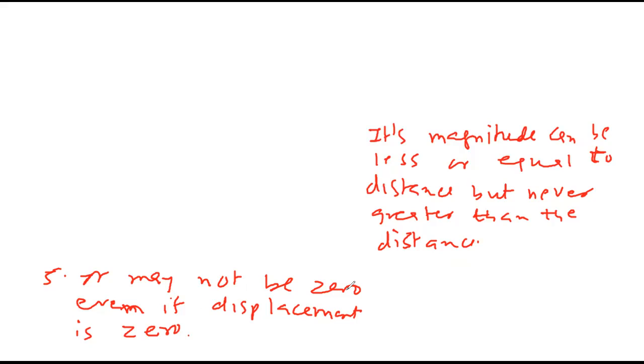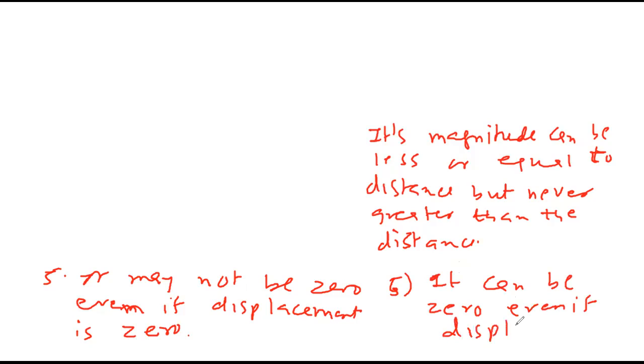Distance may not be 0 even if displacement is 0. It can be 0 only if displacement is 0; and displacement can be 0 even if distance is not 0.